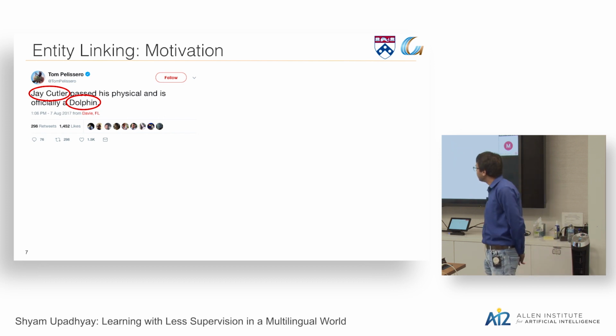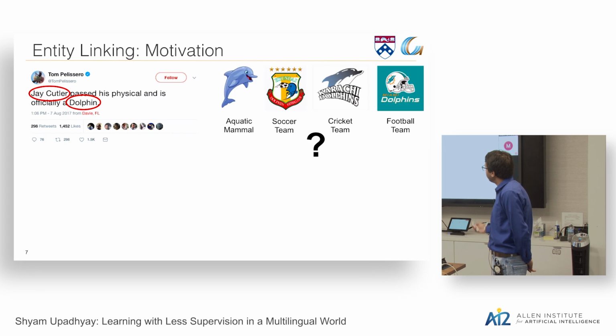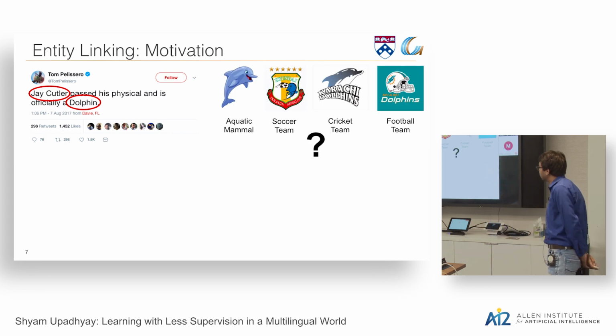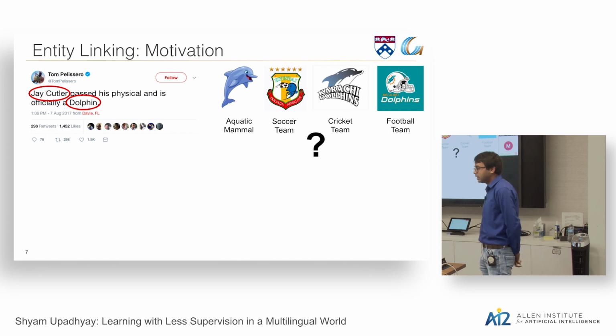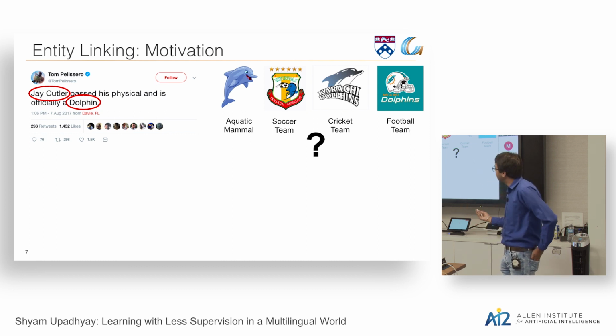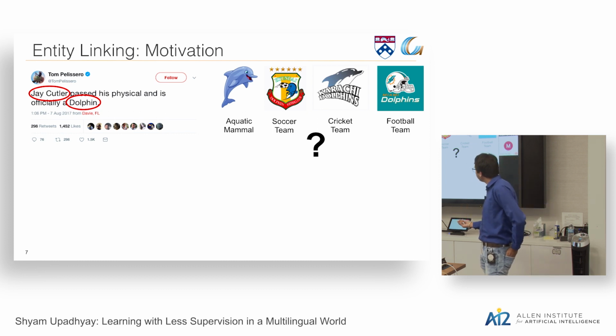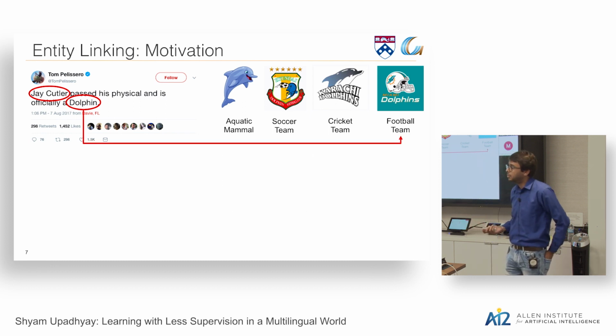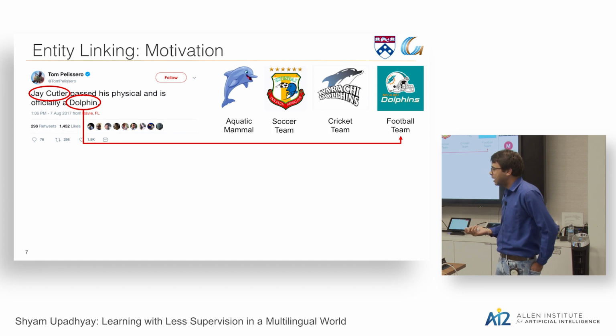And if you look at the word dolphin, it can refer to multiple entities in any knowledge base. However, we as humans can appeal to some background knowledge and realize that dolphin here refers to the Miami Dolphins football team and not the aquatic mammal.